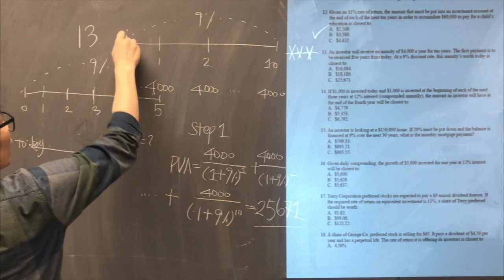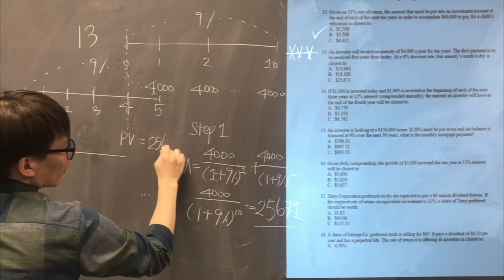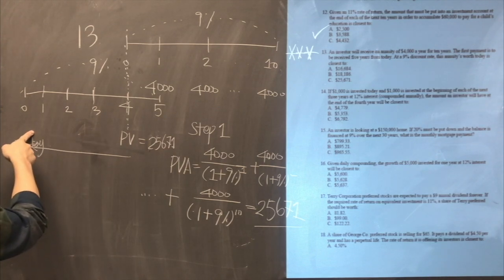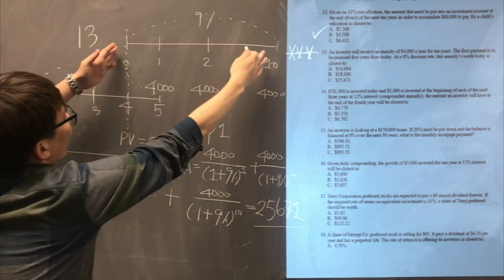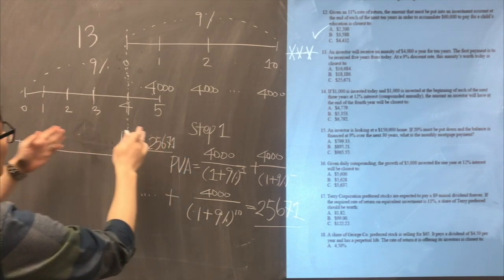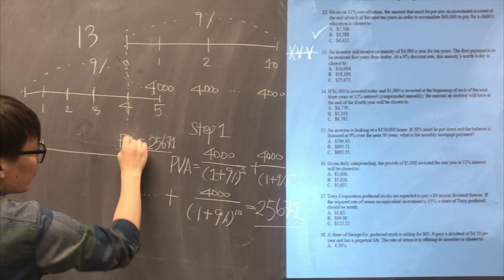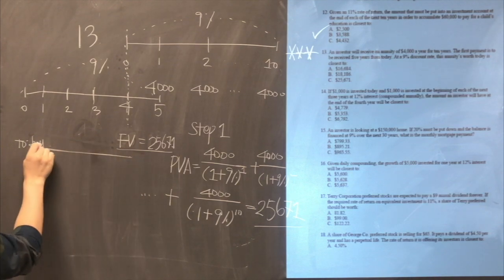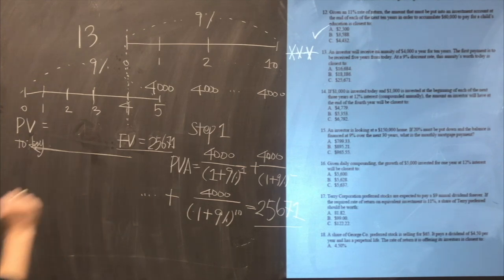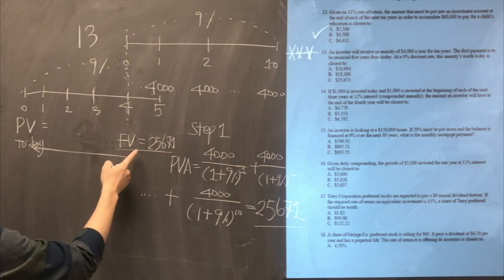You just figure out this one. You need to discount this value to today. In other words, in step 1, your present value equals this number. In step 2, this will be your future value. Discount this number and you will get the present value.